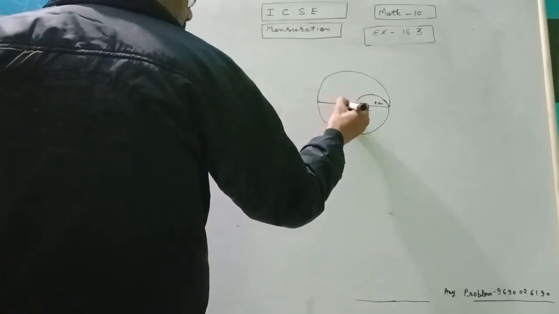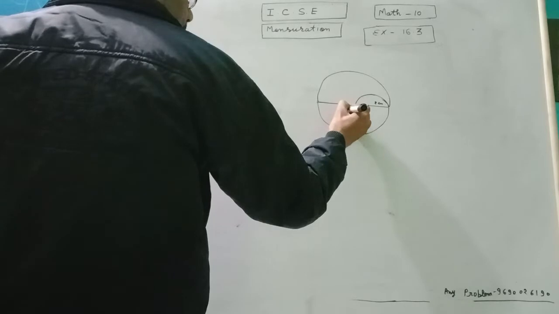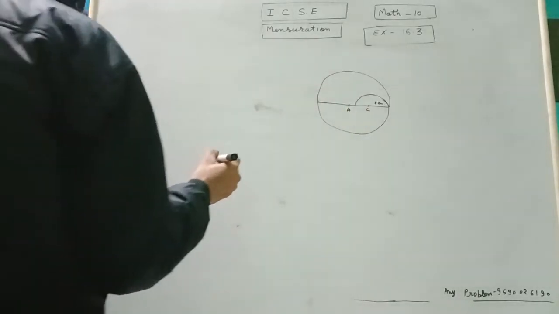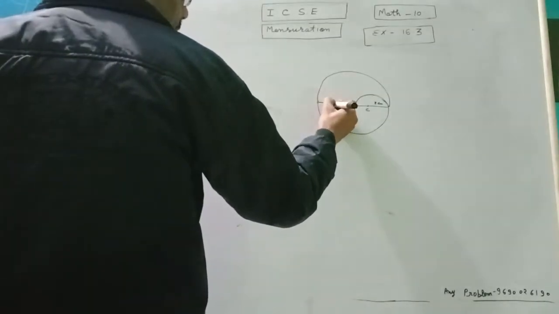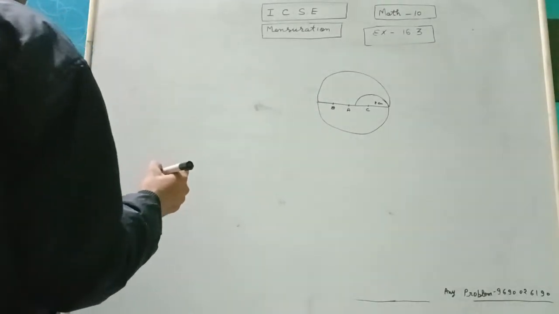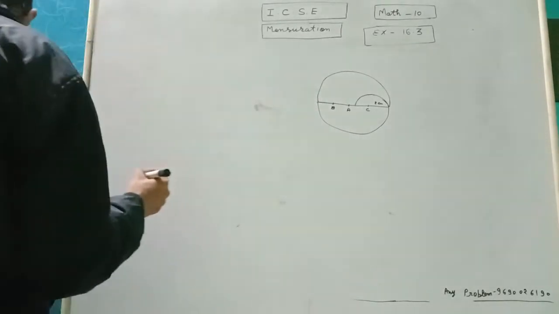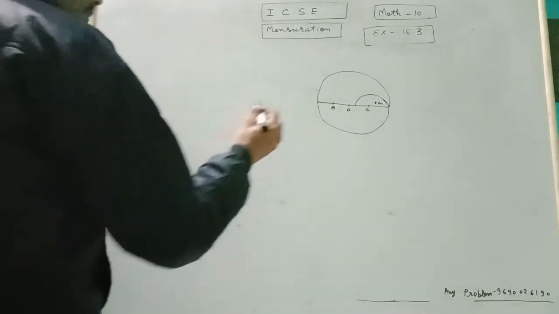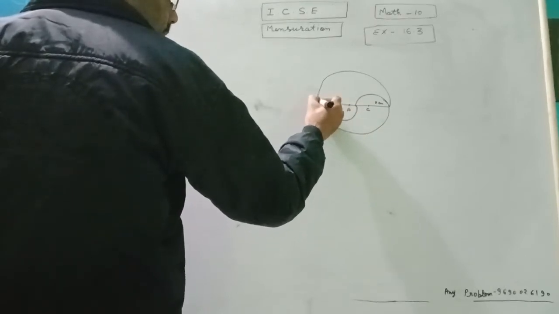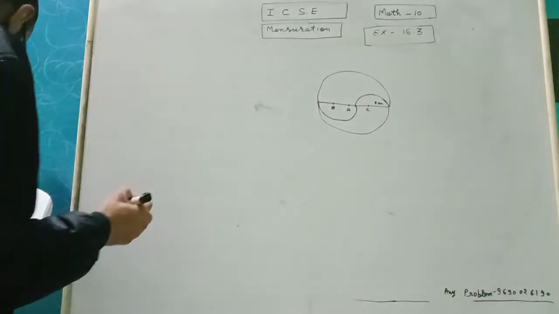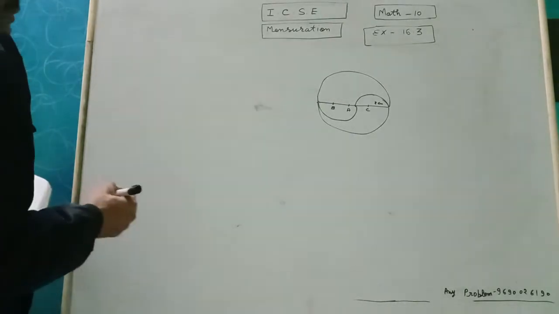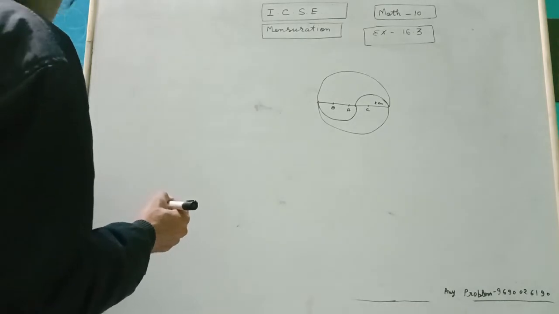A is the center of the complete circle and B is the center, radius is 5, of the unshaded part of which radius is 5 cm.